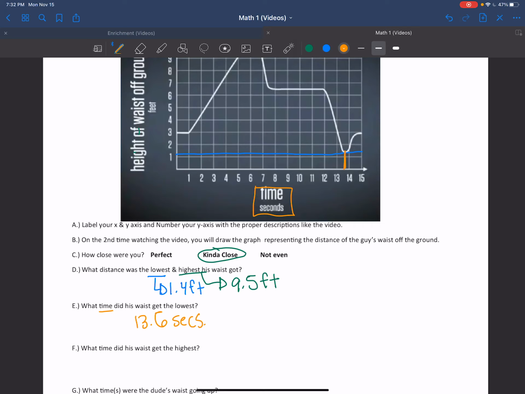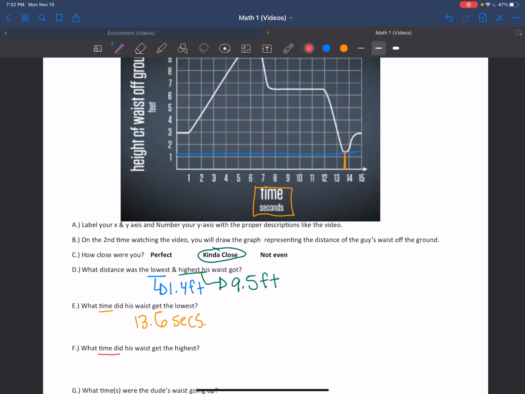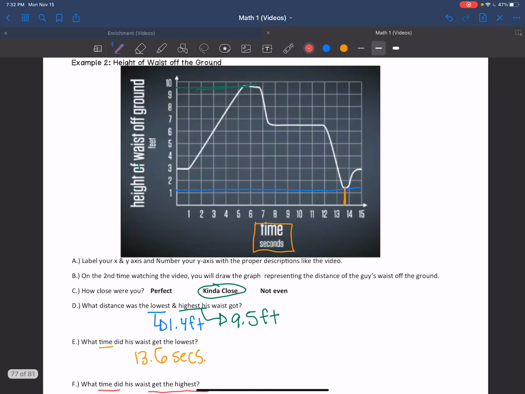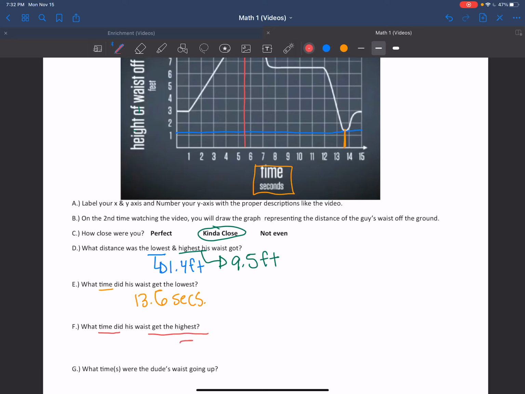It's a little bit more than halfway between 13 and 14. The next question asks, what time was it when his waist was at the highest? Looking at when his waist was the highest, that's right here. If I drop straight down, that's about 5.5 seconds.